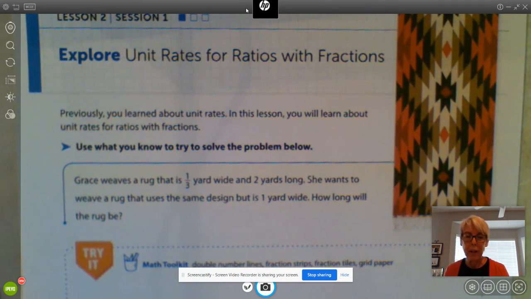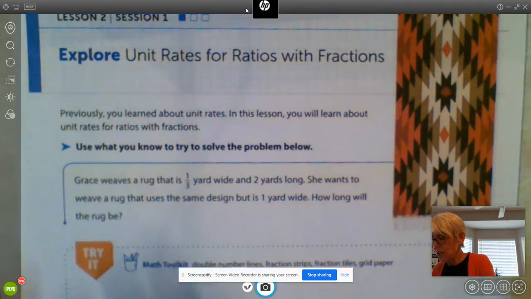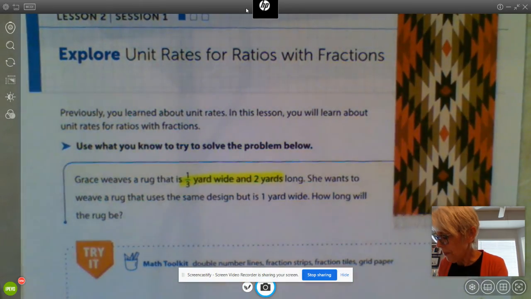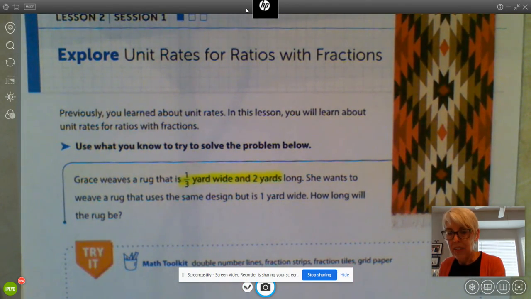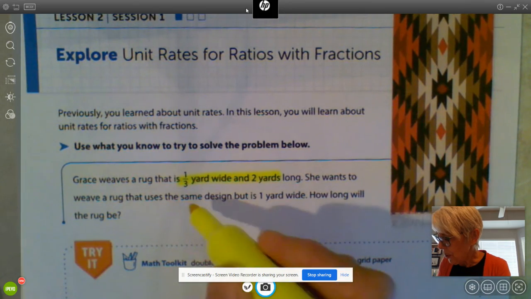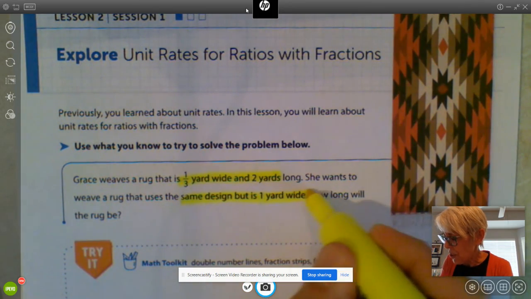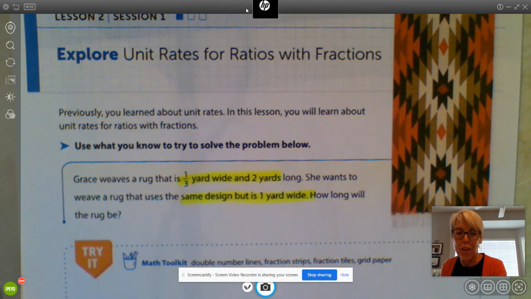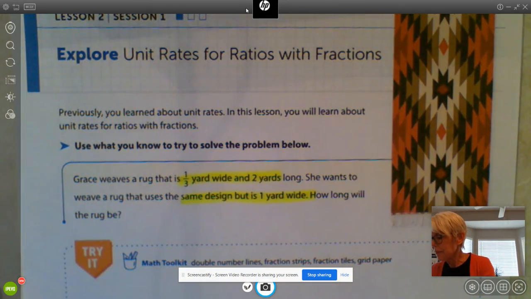How long will the rug be? So I think this is pretty important, our dimensions of the rug. I think it's also important to know that she wants the same design. So what she's looking at is basically an enlargement of this very same rug. And then if it's a yard wide, how long is it going to be?